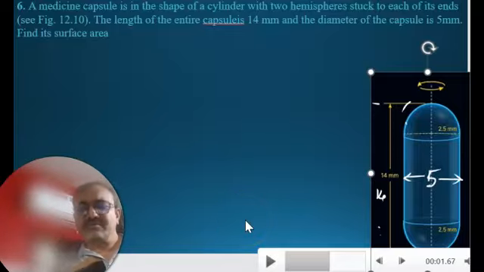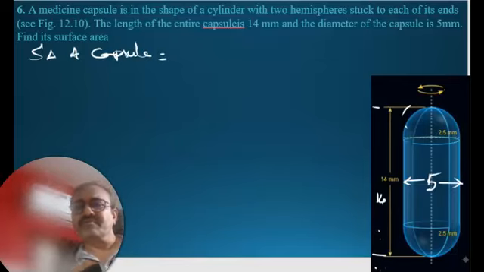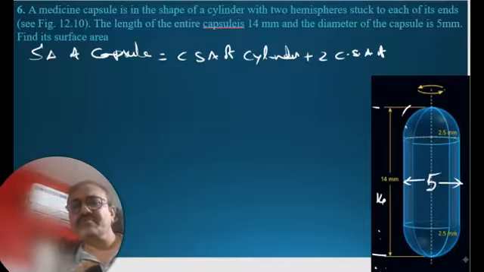So to find the CSA of the capsule, find the surface area of the capsule, which is equal to the curved surface area of the cylinder plus the curved surface area of the two hemispheres. So 2 into the curved surface area of a hemisphere.